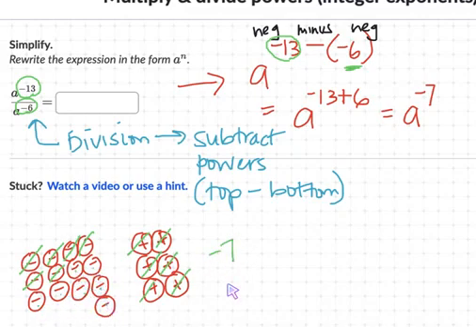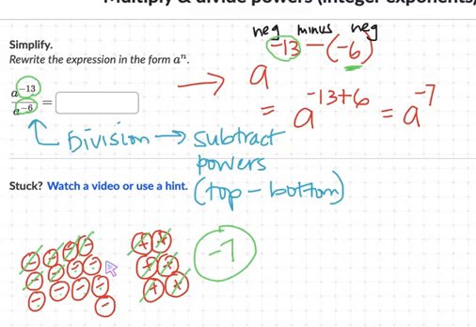7 negatives, okay? So if there's more of the negatives, there's 13 negatives, you know your sign is going to end up negative because you have canceled out all the positives. So you're basically subtracting them. 13 minus 6 is 7, and you know the sign left over is going to be the one with the most on their side. So it's negative 7 left over.